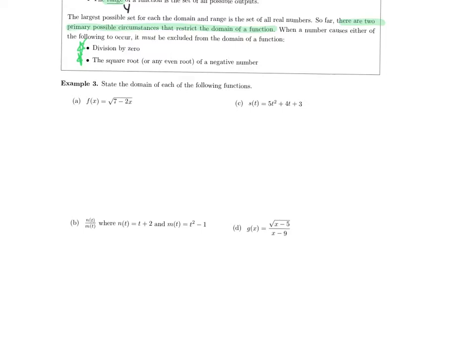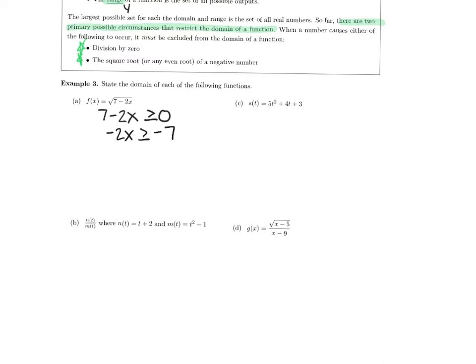I know I'm not supposed to have a negative number there, but having 0 or any positive number is going to be okay. So when I change my pen color, we're going to say that anything under the square root, we know it can't be negative, but it can be equal to 0. So this is anything greater than or equal to 0, and now we just solve. So I'm going to start by subtracting 7 on both sides.